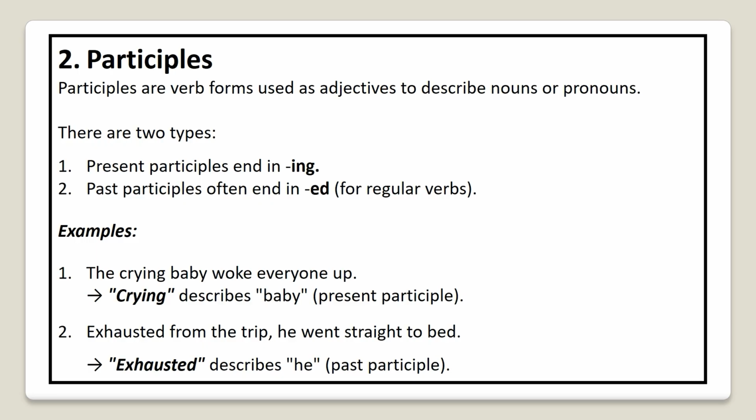For example, the crying baby woke everyone up. The word crying is describing the baby. Present participle, ing is used, so that is the present participle. And when we talk about the past participle: exhausted from the trip, he went straight to bed.